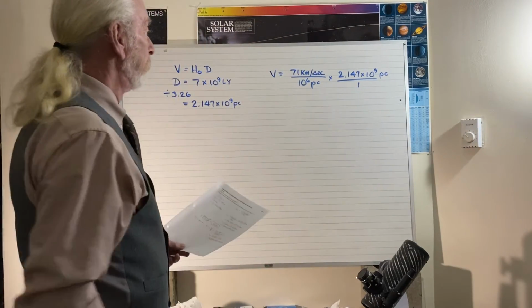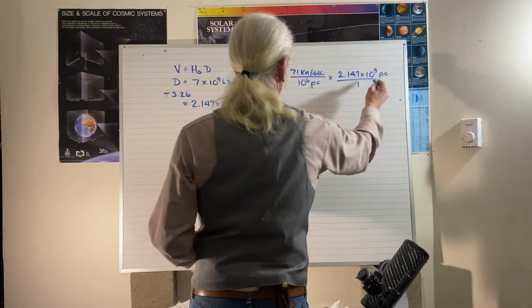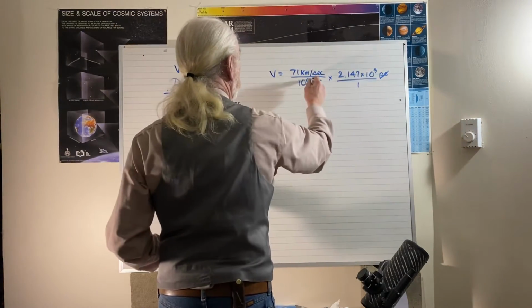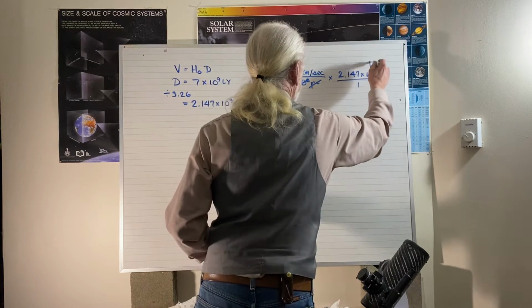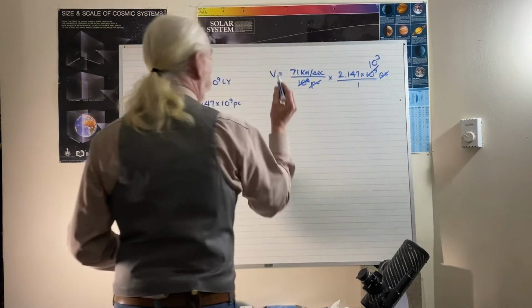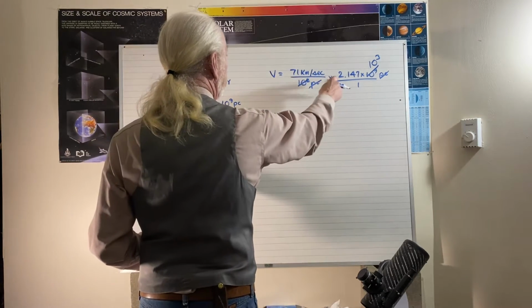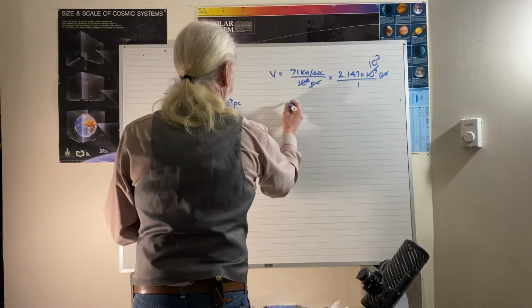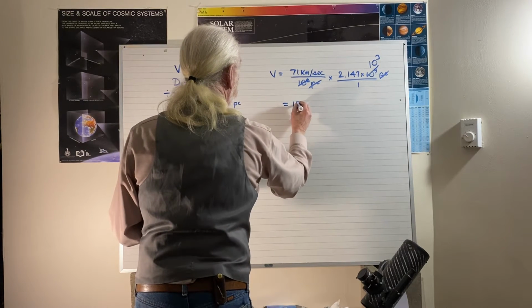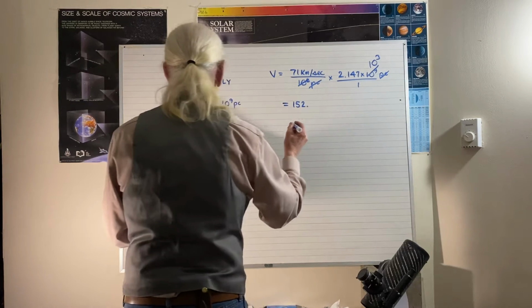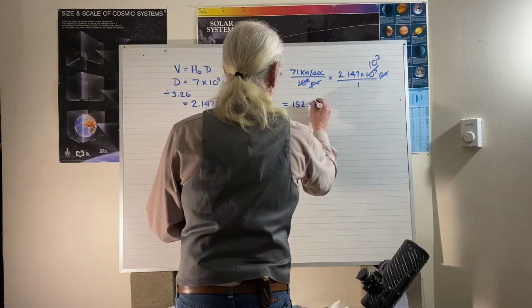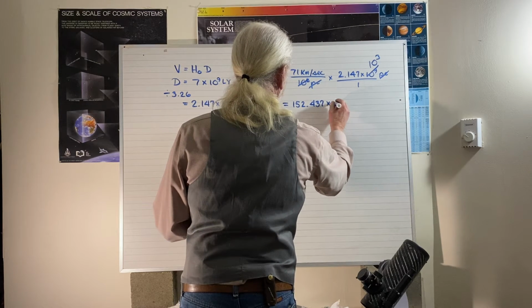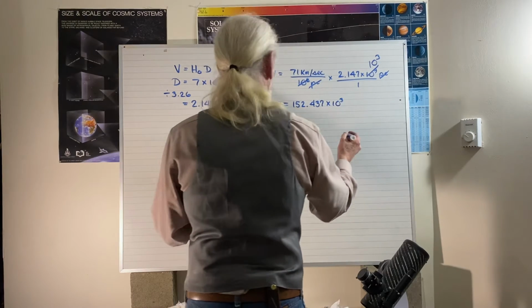All right, so right off the bat, we can cancel out parsecs. And 10 to the 9th over 10 to the 6th becomes 10 to the 3rd. And so now we have 71 times 2.147, and that comes out to 152.437 times 10 to the 3rd kilometers per second.